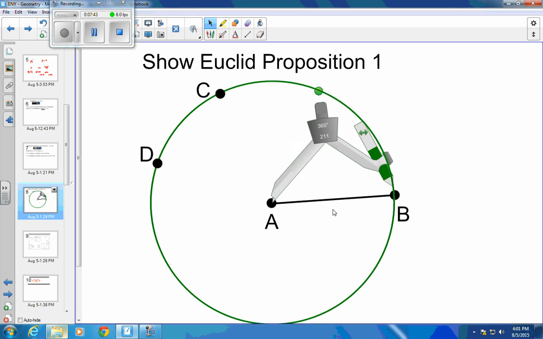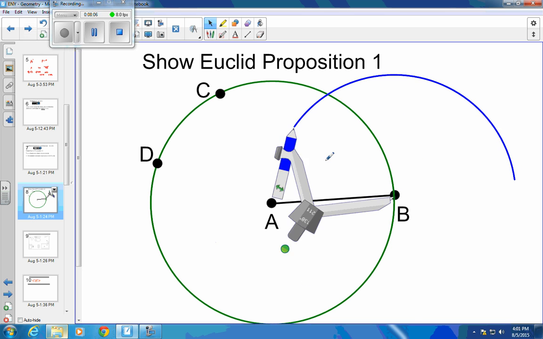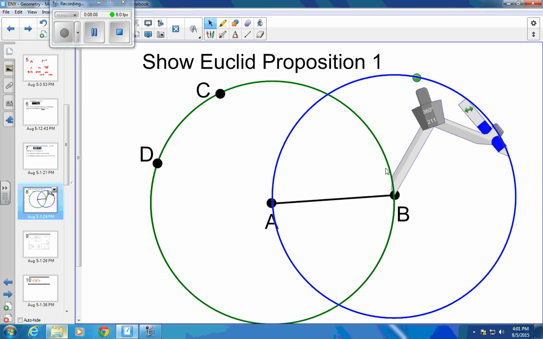Then we want circle ACE. Let me change the color on this and move this over. Notice I'm not going to adjust my compass at all. It's going to stay the exact same width. And I want ACE with center B. So I put the center at B, and I'm going to draw this circle. And notice how they cross each other.